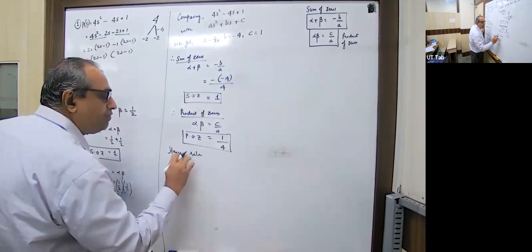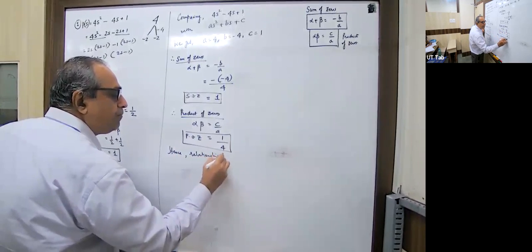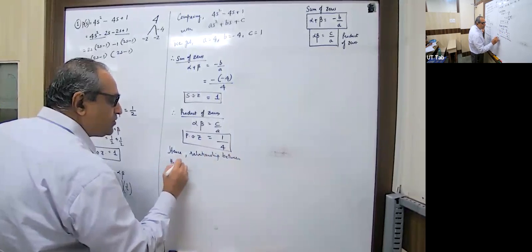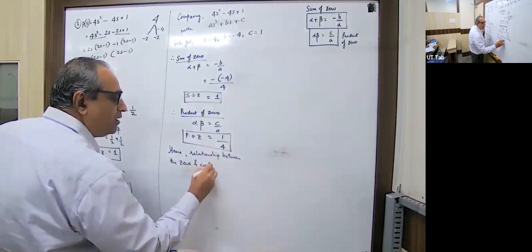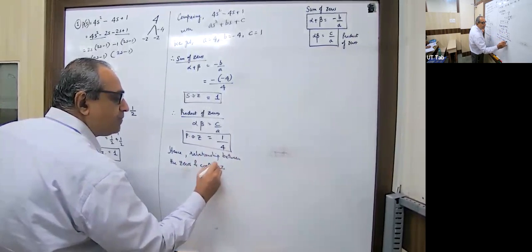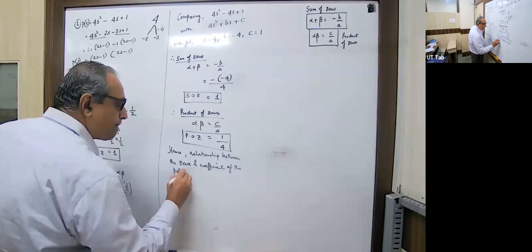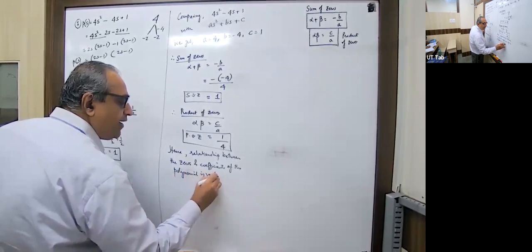And finally, I write hence relationship between the zeros and coefficients of the polynomial is verified.